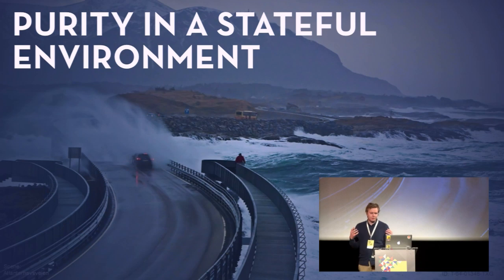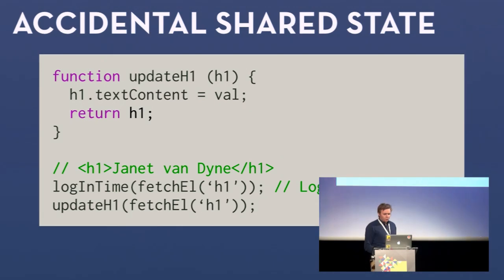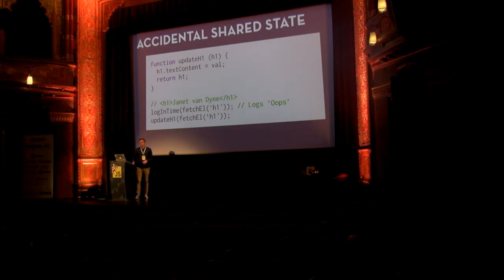The DOM is just a massive blob of state and a huge mutative side effect, allowing our functions to be tightly coupled. So just as we saw with accidental shared state between objects, we can have accidental shared state and tight coupling through the DOM. If all our building blocks can communicate directly with the DOM, directly with the integration point that is the DOM, our functions aren't pure, they aren't referentially transparent, even if they may look that way initially.